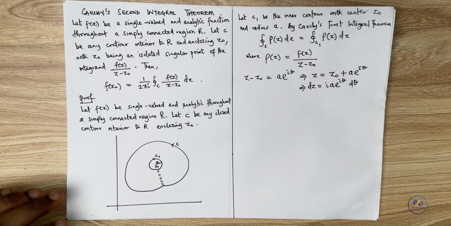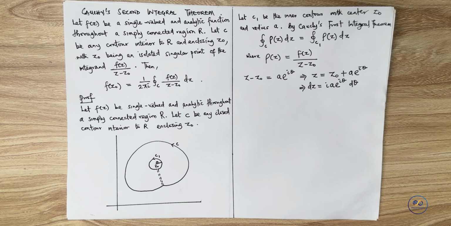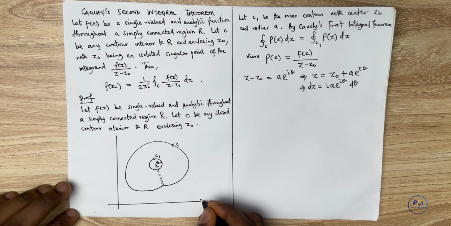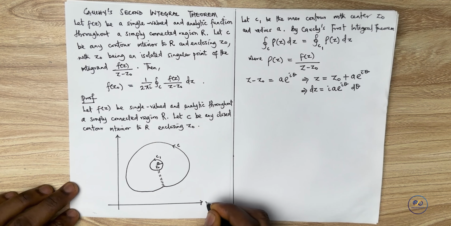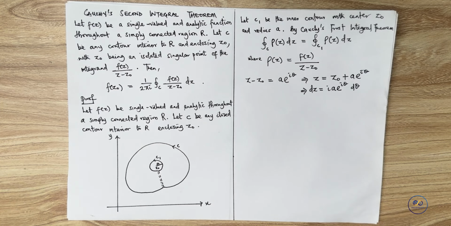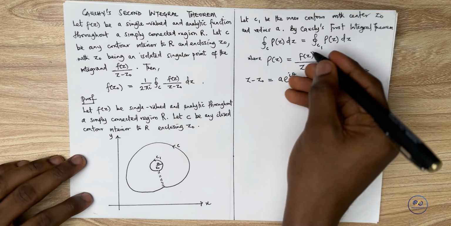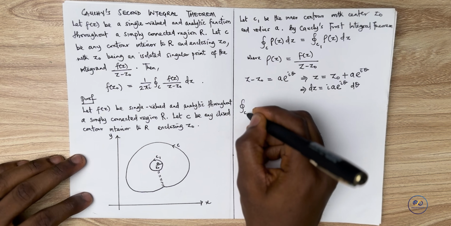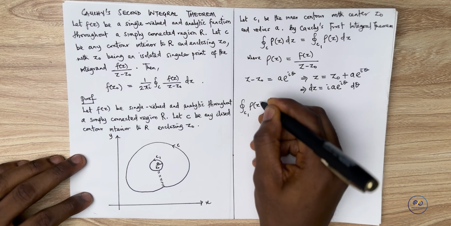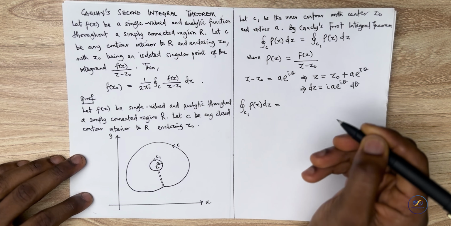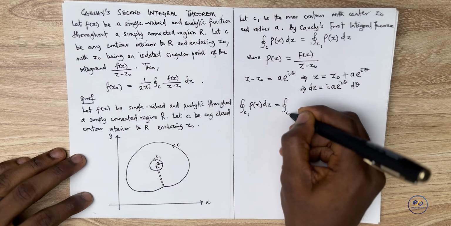Now, if we put all this together and we make our case into the formula, we would simply have that the integral over C1 of rho of z dz will simply be the integral over C1.